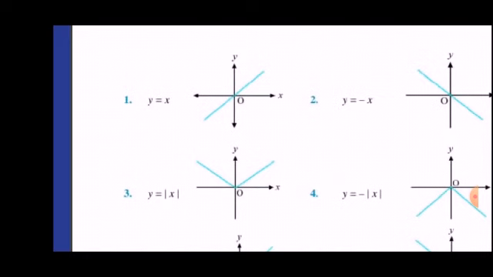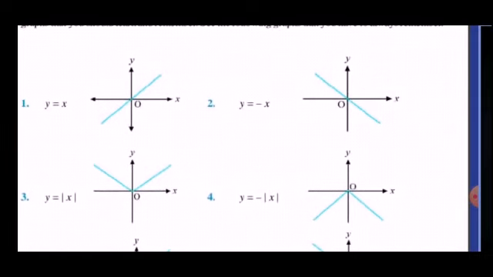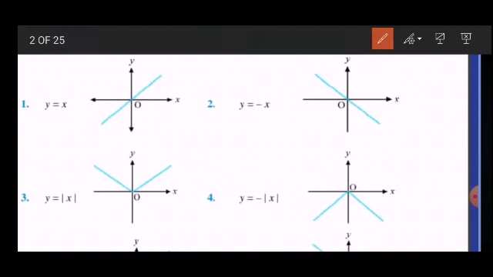Now y equal to minus x. Y equal to minus x is a line making an angle 135 degree from positive x-axis. If you see over here, that is 135 degree angle. Here the angle is 45 degree.